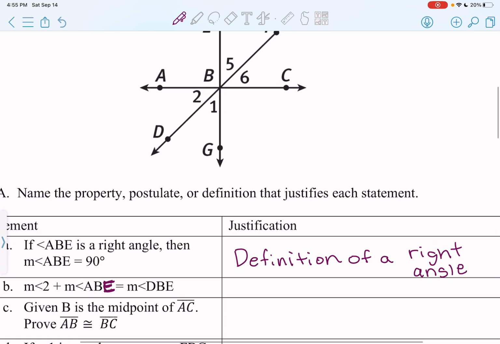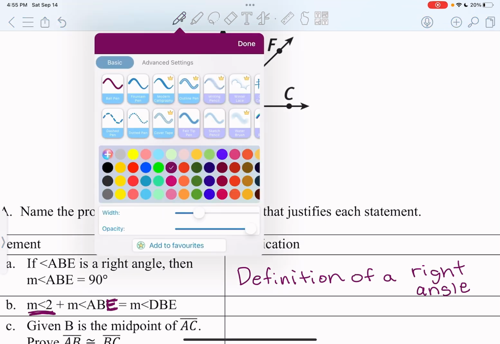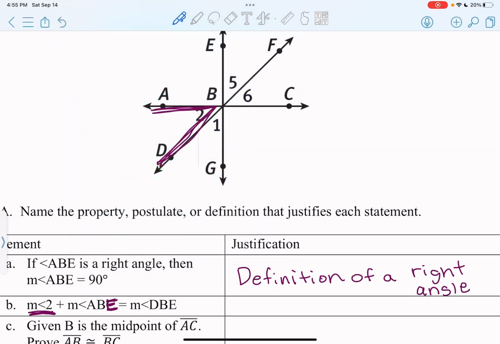Next, it says the measure of angle 2 plus the measure of angle ABE, make sure that you fix that typo for me, equals the measure of angle DBE, which is the entire thing.